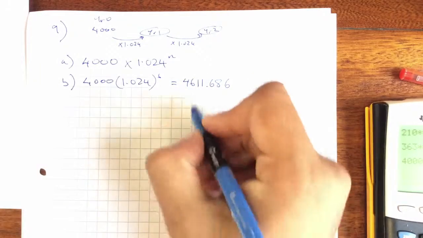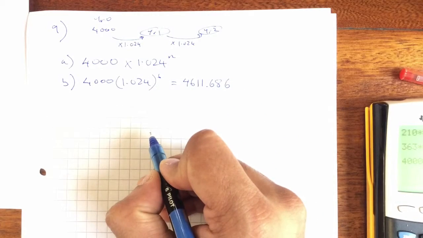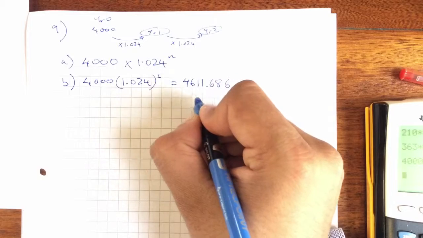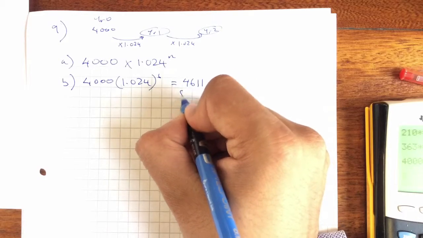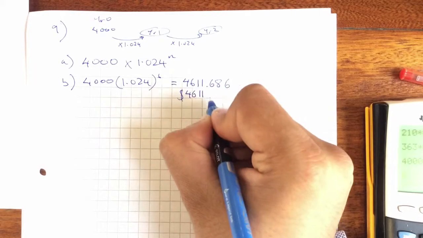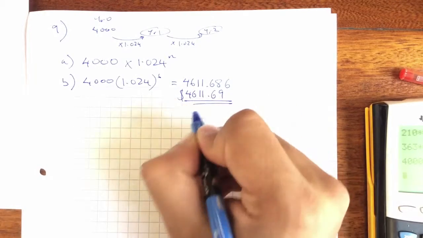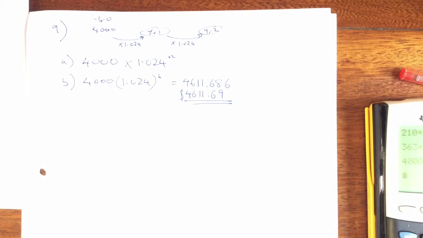So, if I now think about that, that is in dollars, so I would want that to the nearest cent. Dollar 4611.69. Okay. You shouldn't really round finance numbers to 3 significant figures.